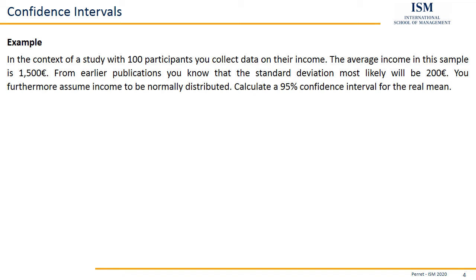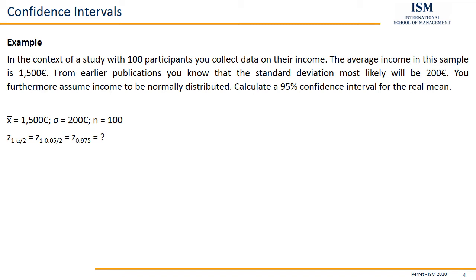And in this case, we can just summarize what I told you about the different values. So arithmetic mean, 1,500. Standard deviation, 200. Number of observations, 100. So this leaves us with getting this z value. As I said, a 95% confidence interval relates to an alpha of 5%. Alpha of 5%, if we insert this here, gives us 1 minus 5% divided by 2.